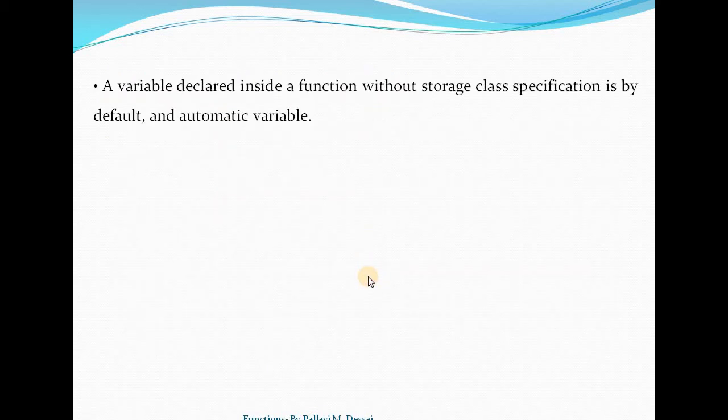A variable declared inside a function without storage class specification is by default an automatic variable. When declaring an automatic storage class variable, we have to attach the keyword auto. But if we don't attach it also, by default the compiler takes any local variables as automatic variable. So if you want to specifically specify, then you have to use the keyword auto.